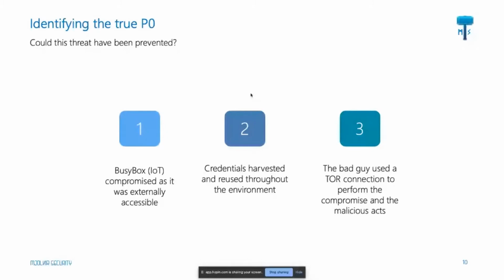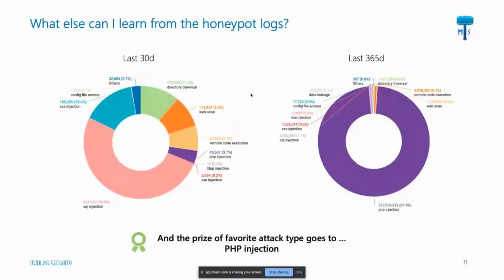Now, I try to take all of the attacks that are coming in and use what are called YARA rules and Sigma rules to try and classify or categorize the attacks and specifically what is happening. Over the last 30 days, I had a good variety of attacks where about 50% were SQL injection. Over the last year, I had 97.4% of them being PHP injection.